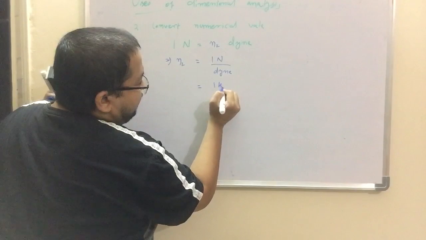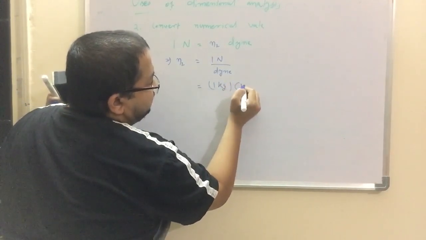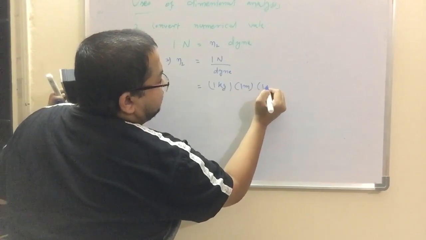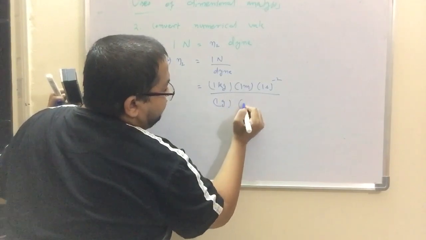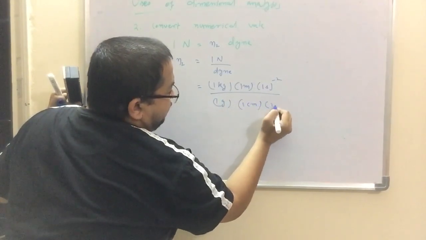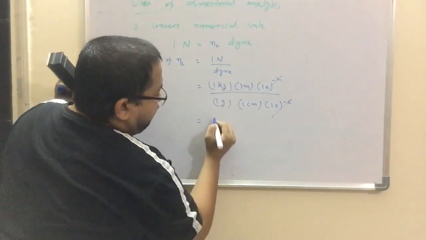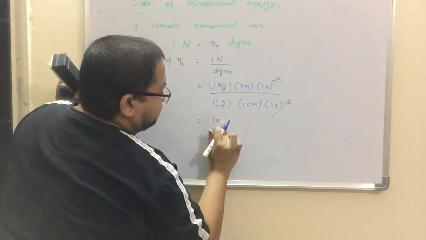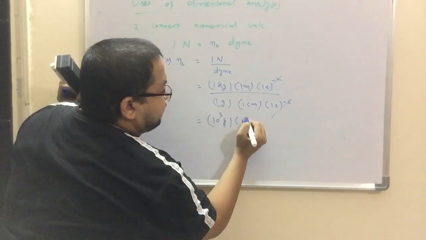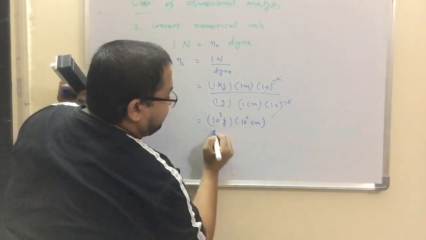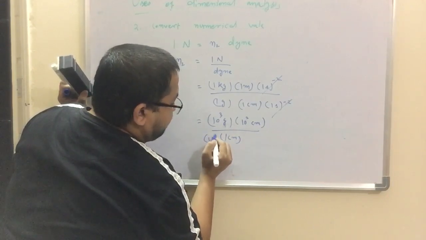So 1 kilogram, 1 meter, 1 second to the power minus 2 by 1 gram, 1 centimeter, 1 second to the power minus 2. These two get cancelled. So 1 kilogram I can write 10 to the power 3 gram. This one I can write 10 to the power 2 centimeter by 1 centimeter, 1 gram.